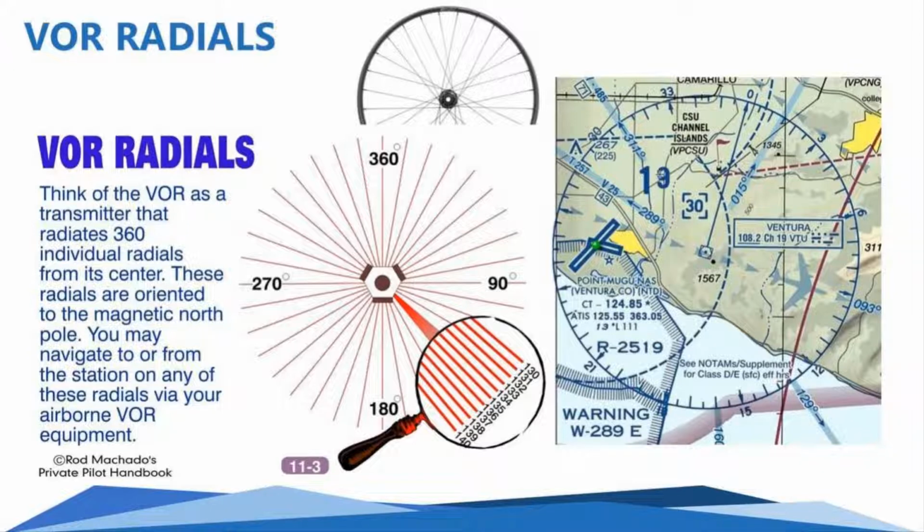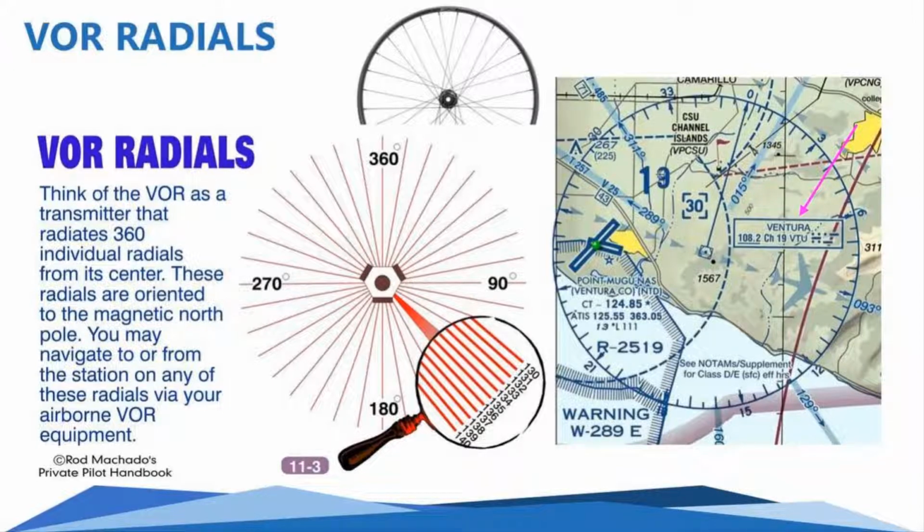So anyways, with the VOR radials, as mentioned, if we were to look on an actual sectional chart or tac chart, as we can see here, we do have the Ventura VOR, which is right here. And we can see the frequency of 108.2. That's the frequency that we're going to put into our navigational radio.